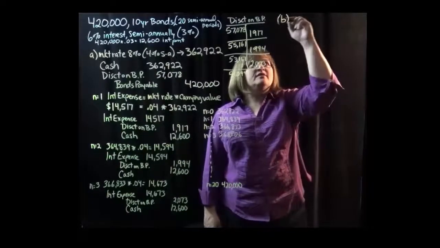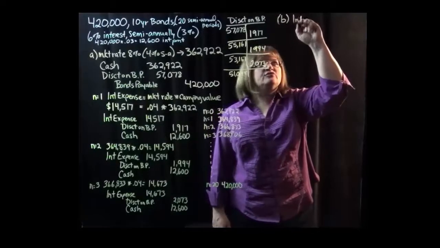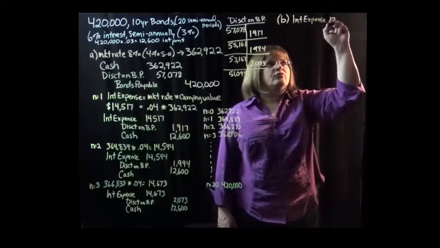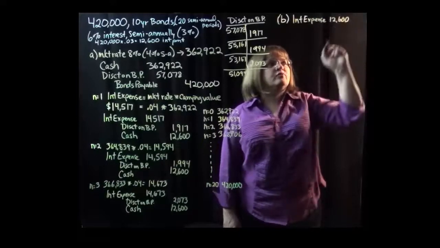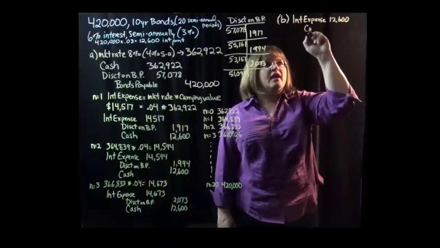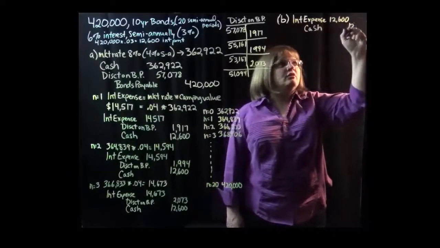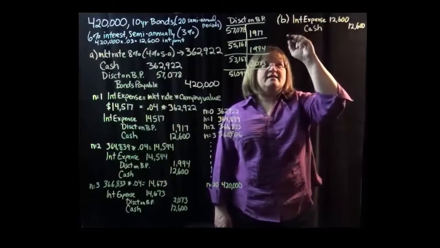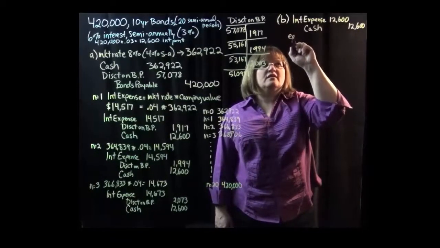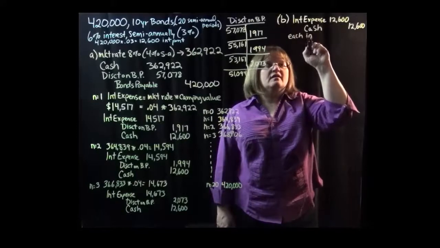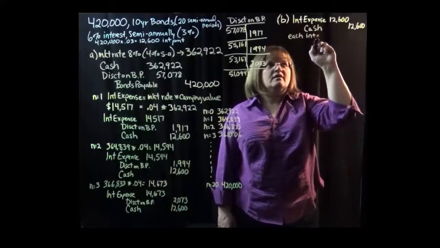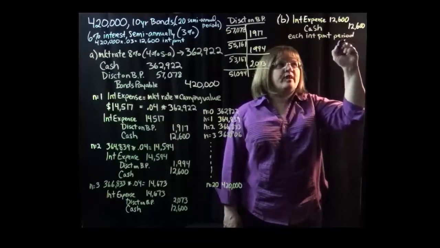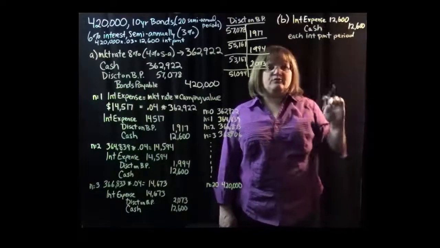Our interest payment entries then would simply debit interest expense for the agreed on $12,600, and they will credit cash for that same amount. And we would simply make that entry every time we make an interest payment. That would be the entry we would make.